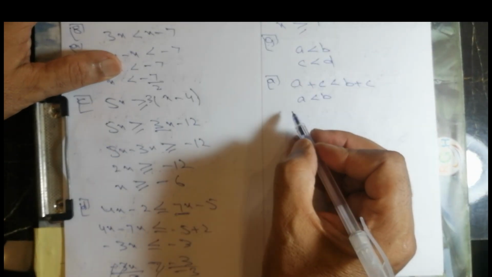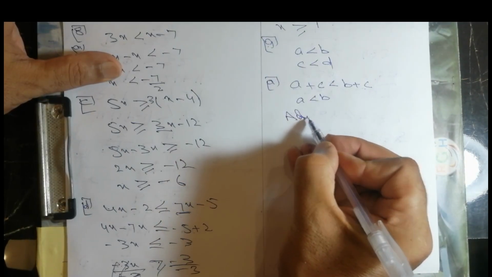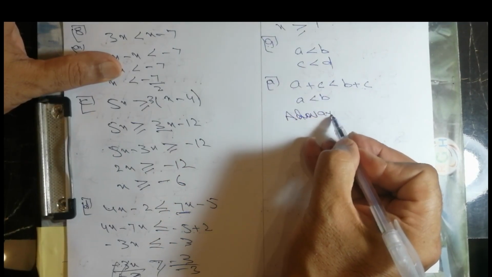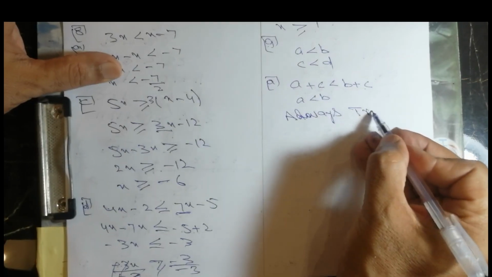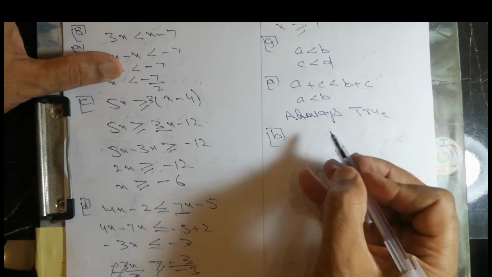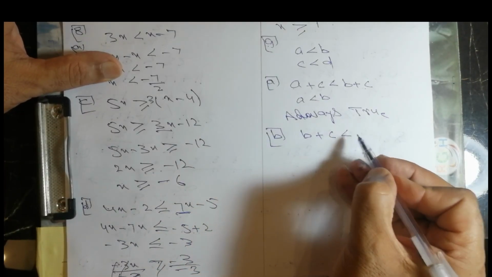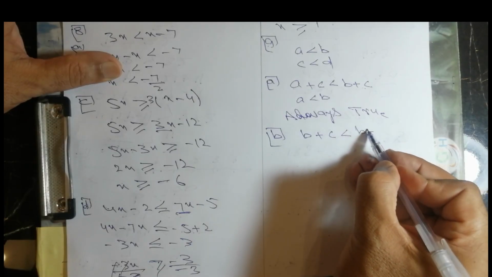Because the question asks whether the statement is always or never true, we write always true. If we see part B, that is B plus C less than B plus D.